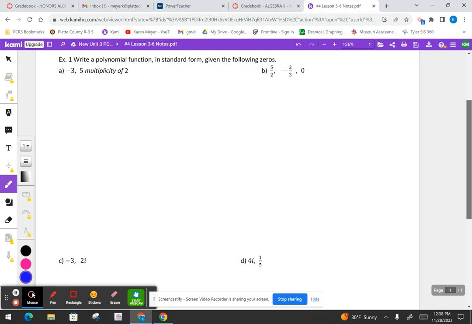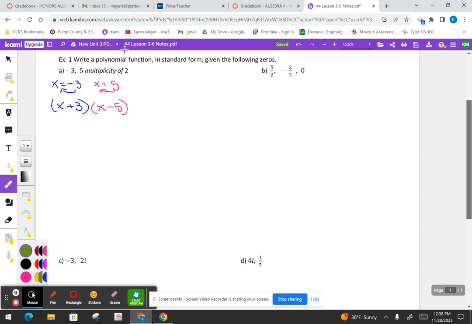Okay, so on the first one, I would think to myself, I have x equals negative 3. And when I move negative 3 over, it becomes x plus 3. The next one, I would have x equals 5. And when I move the 5 over, it becomes x minus 5.